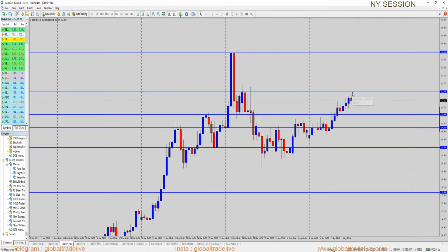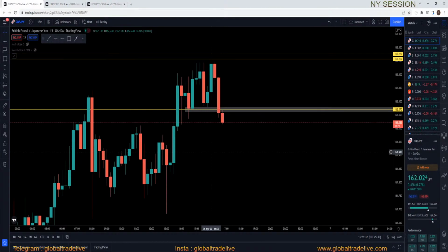Yeah, GBP JPY should be tapping this area very soon, so not sure how far GBP JPY will go. Let's just wait and watch what the market's gonna do in this area. I'm just gonna see.